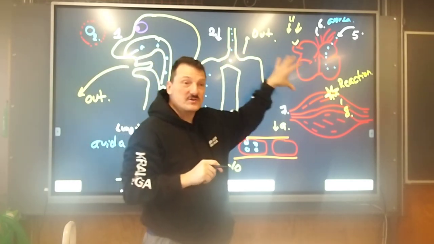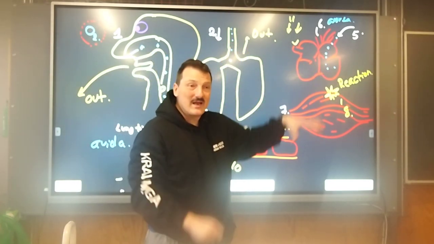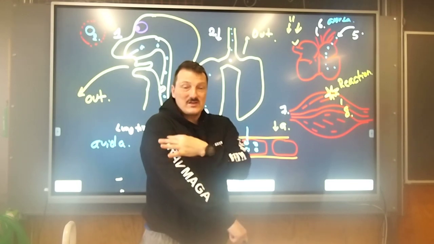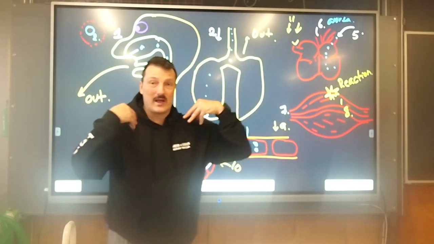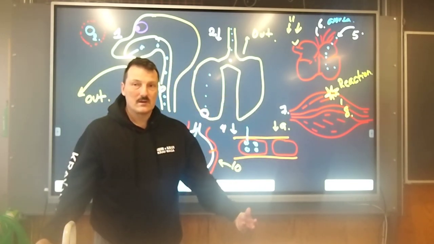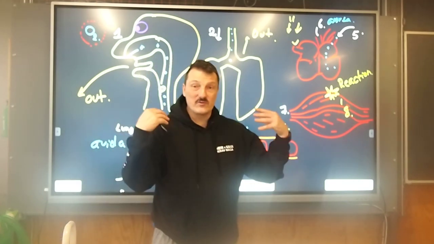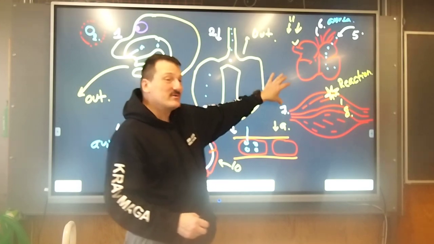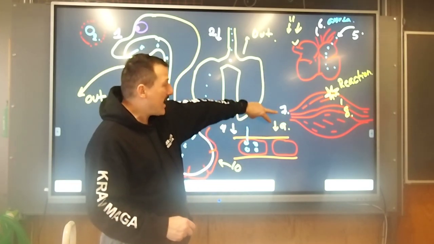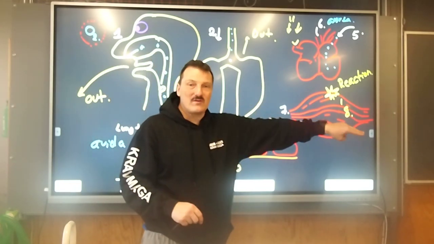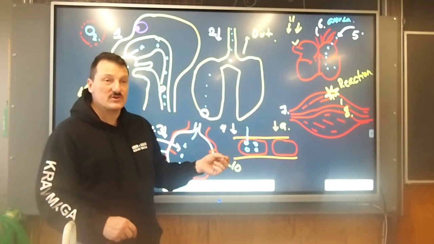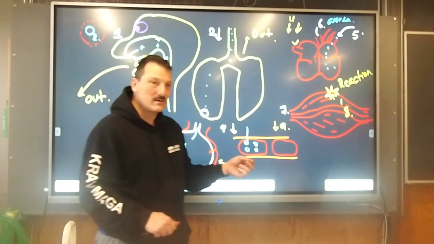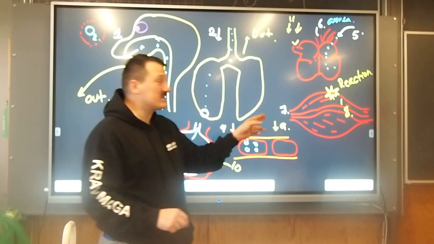So it goes to the aorta, then it goes into what do we call the major blood vessels that take blood away from the heart? Arteries, the major arteries. The major arteries then branch out into the very small blood vessels inside muscle tissue. The capillary system.